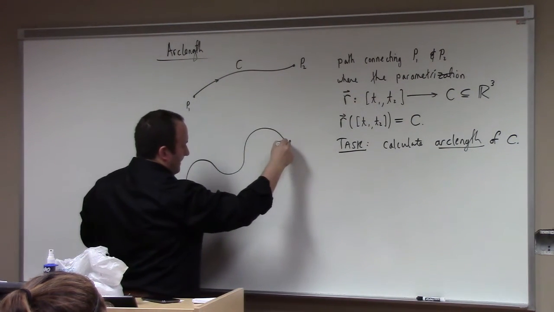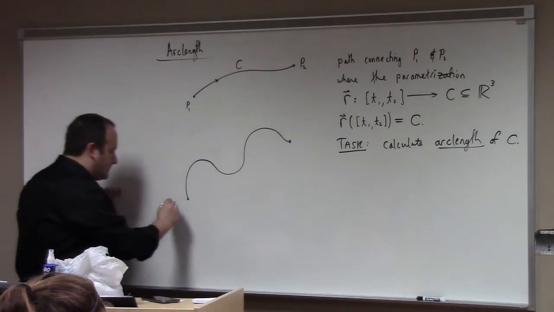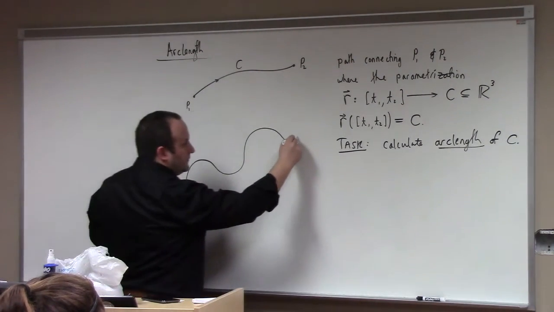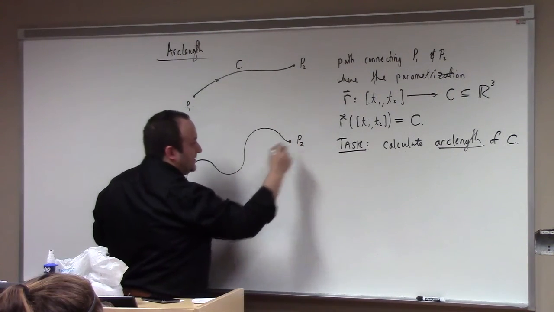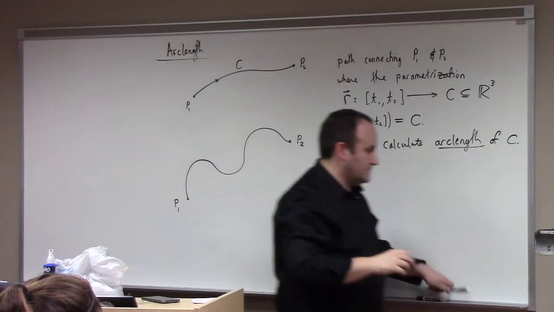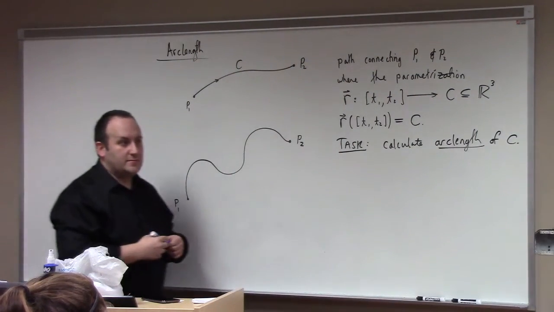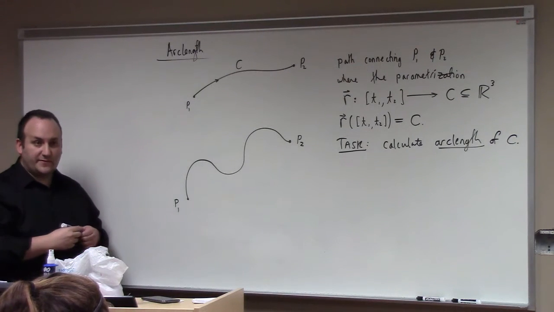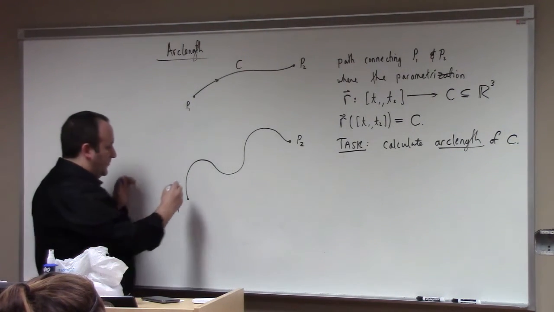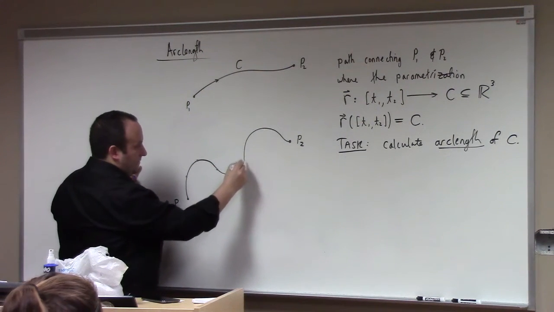So what could we do? What would be a strategy for approximating the length of the path? How about we replace the path with a polygonal, a broken line segment, if you will. So just pick points every so often along the path, like so.